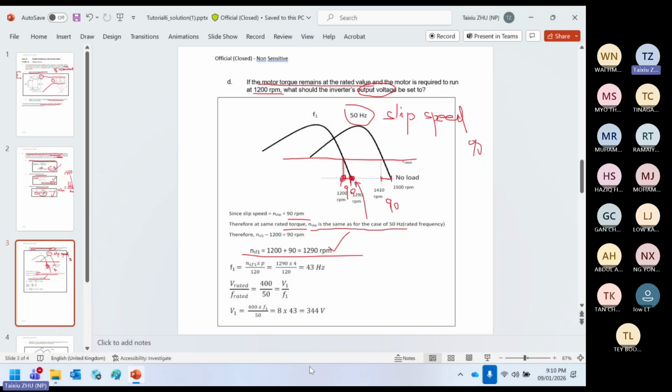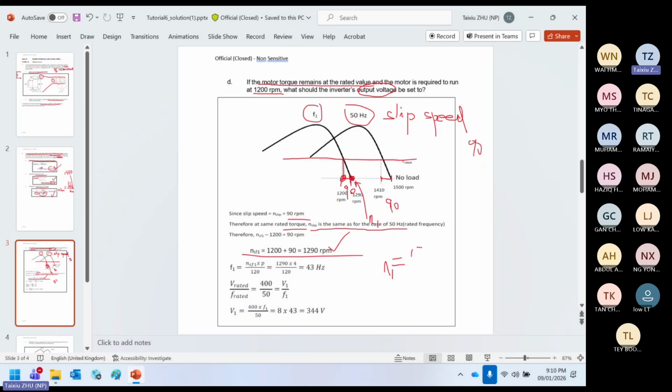Okay, got it. From here now, this one is the new synchronous speed for the frequency F1. I call it NSF1, quite long, maybe I just use N1.